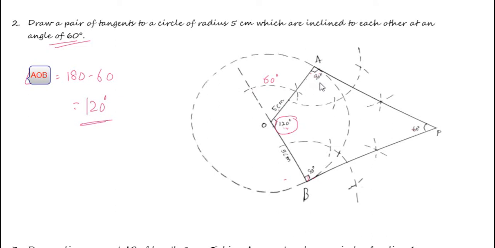Draw a line at 90 degrees to line OA at A, and also draw one more line at 90 degrees to the line OB at B. These two lines join at P, and these are the two tangents which are inclined to each other at an angle of 60 degrees. I am not writing down the steps here.